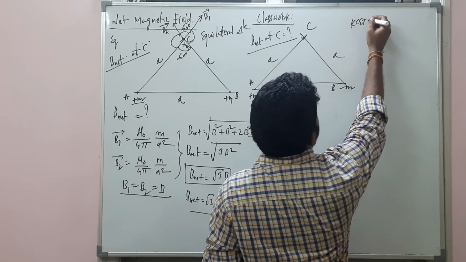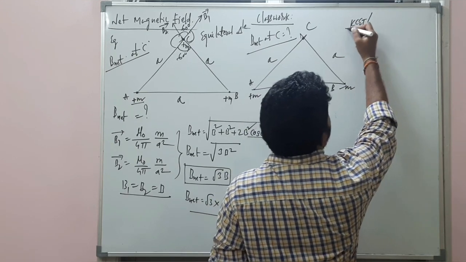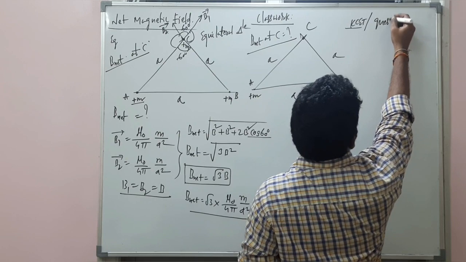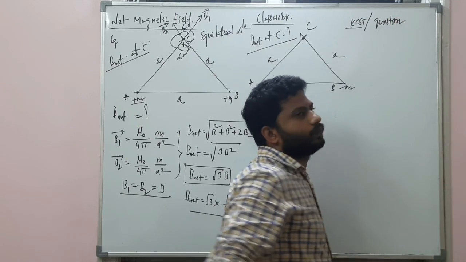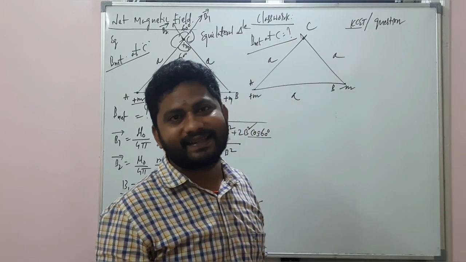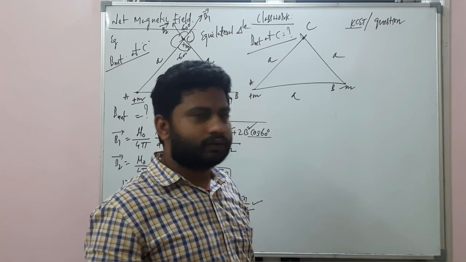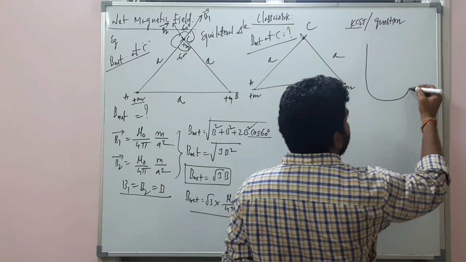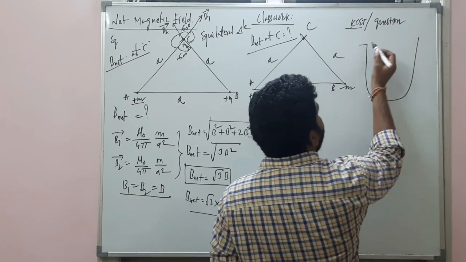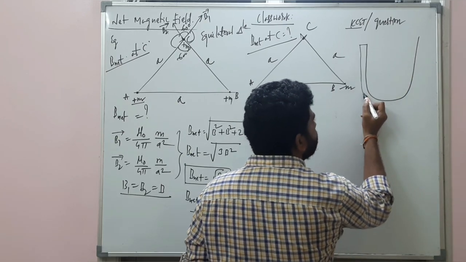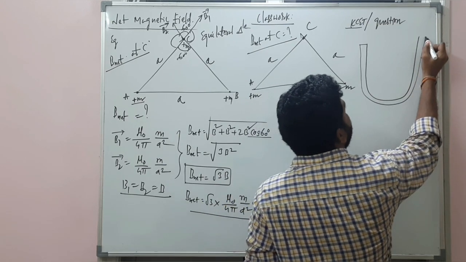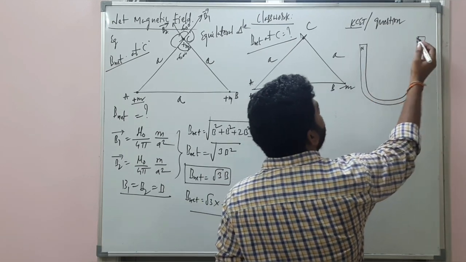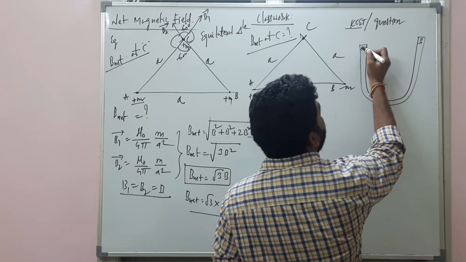Now, a previous KCET exam question, that's what we are going to solve now. So simple. They have given a U-shaped magnet which has a north pole here and a south pole here.